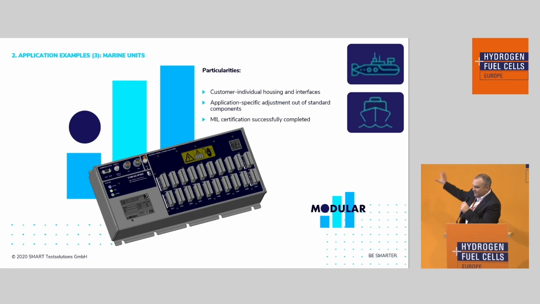Here the CVP is external, some meters away at the fuel cell stack. It can be connected to the front panel here. The particularity of this system is that it has a MIL certification. That means special EMC tests, special shock tests, special vibration tests. But inside there are still our standard components.